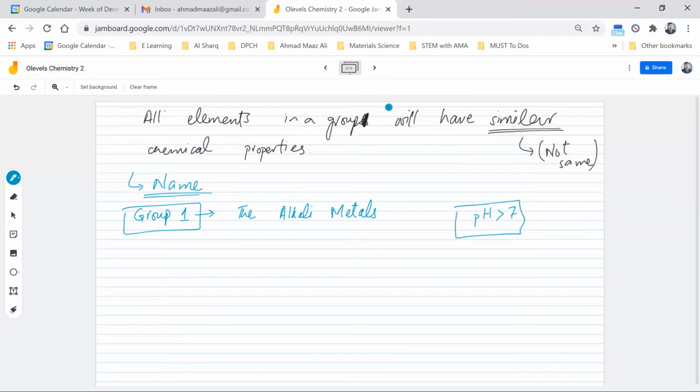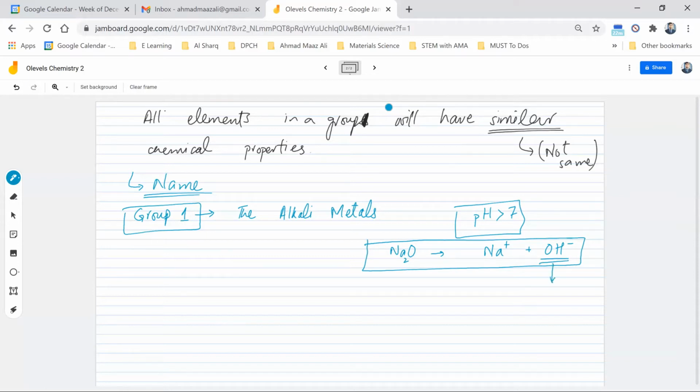For example, sodium. If sodium oxide is dissolved in water, it gives off these OH ions, which are basically responsible for alkalinity.